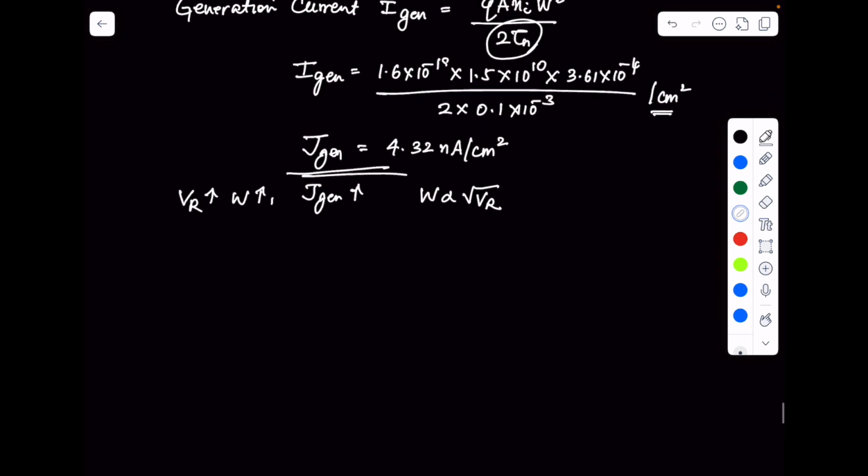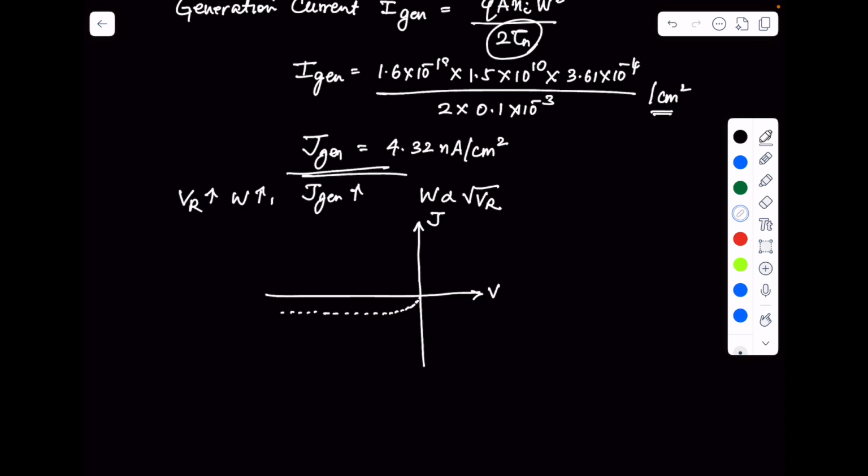So therefore I'm going to plot how the reverse bias characteristics of this diode are going to look. Suppose this is J versus V. In reverse bias, a normal diode would have looked something like this, a flat current which does not change as a function of applied voltage.